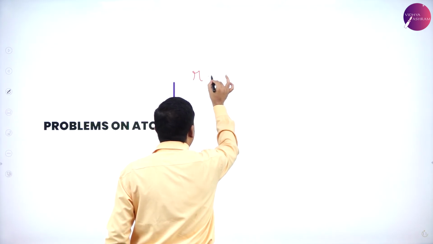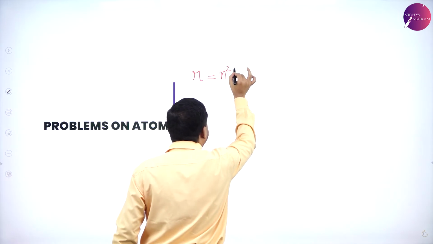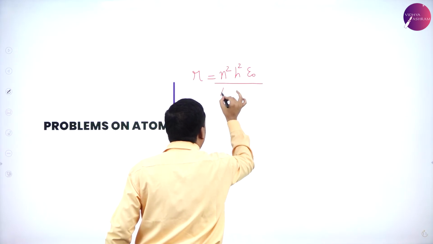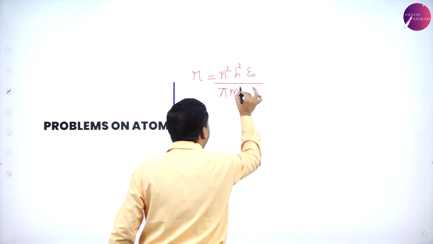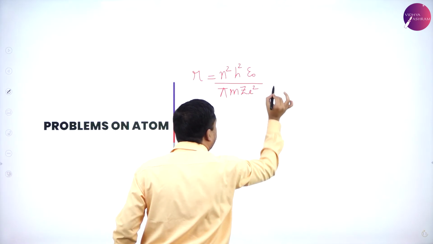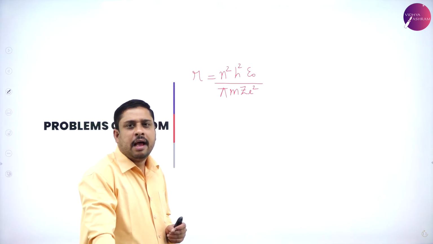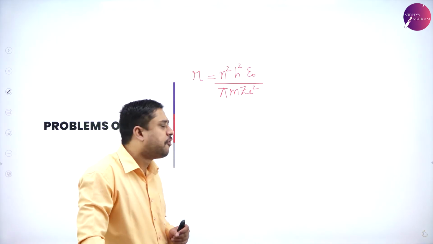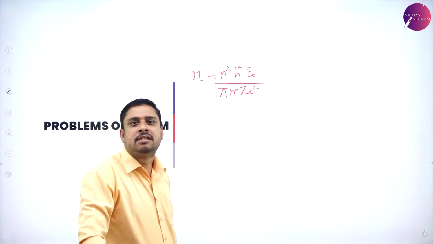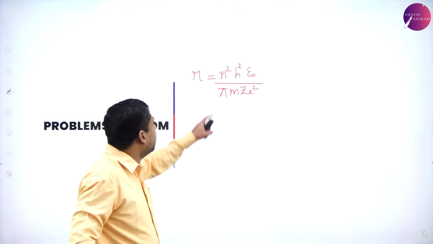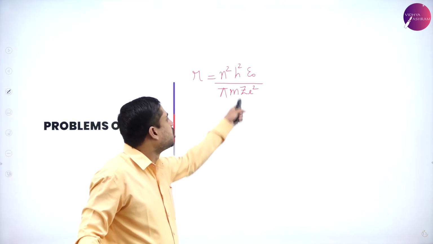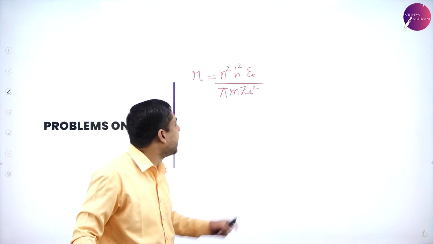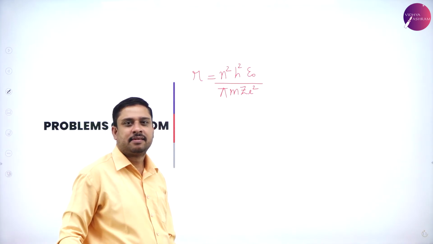We said r is n square h square epsilon naught over pi m Z e square. I have been asked to calculate the radii of the second and the third orbit. Again, substitute n is 2, substitute for all these parameters. Substitute n is 3, again all these things.